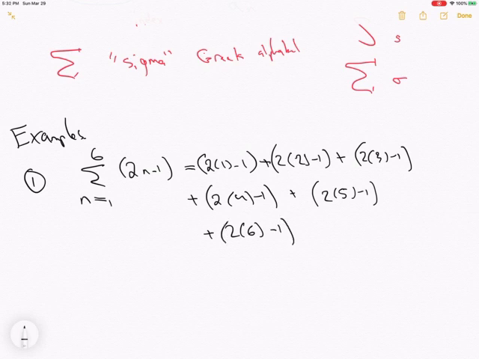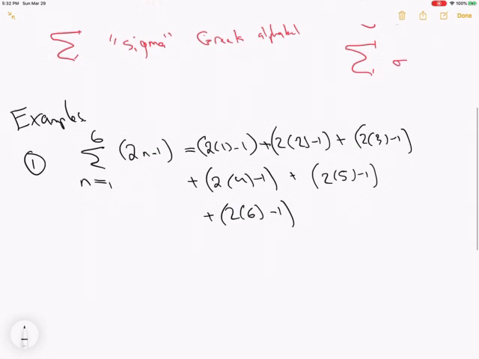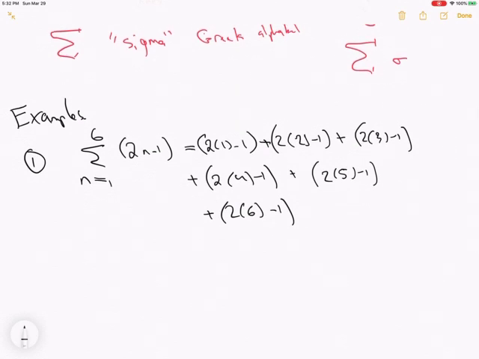The right-hand side is a lot to write out, so the shorthand notation is very convenient. And of course, we can actually sum this up. That's 1 plus 3 plus 5 plus 7 plus 9 plus 11, which is equal to 36.